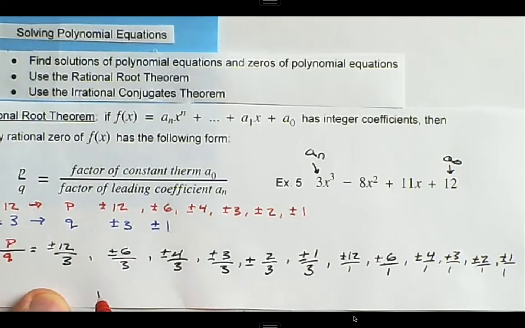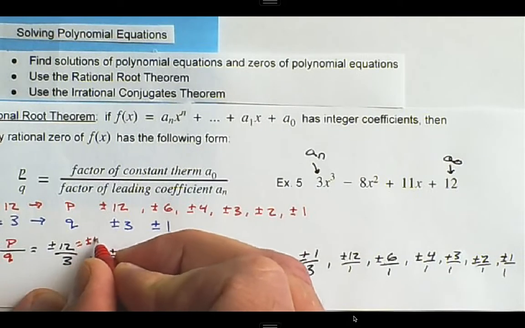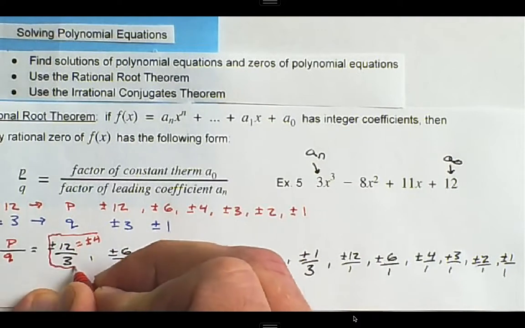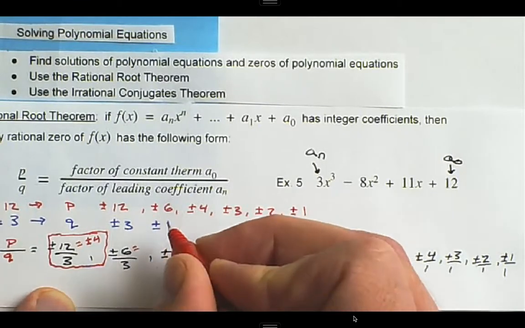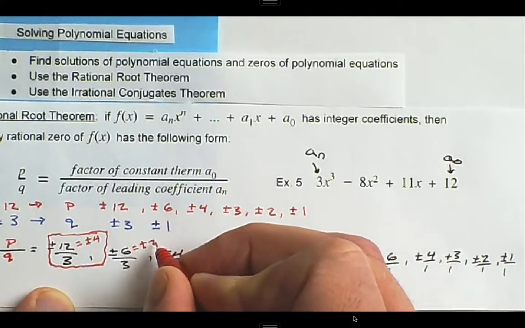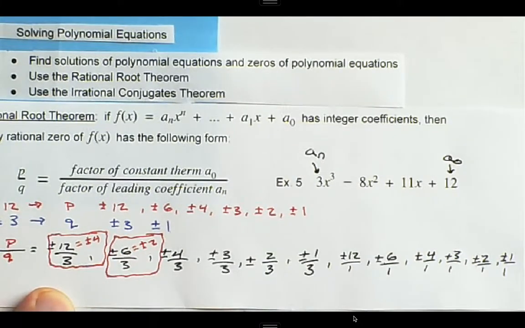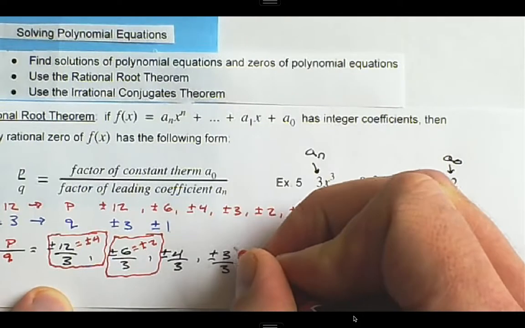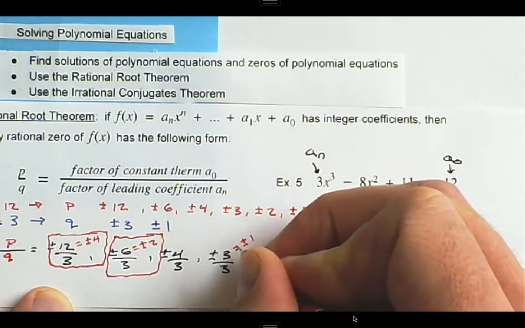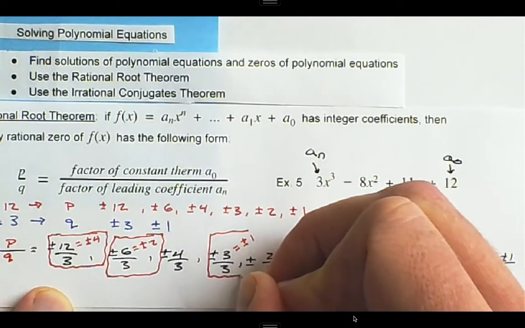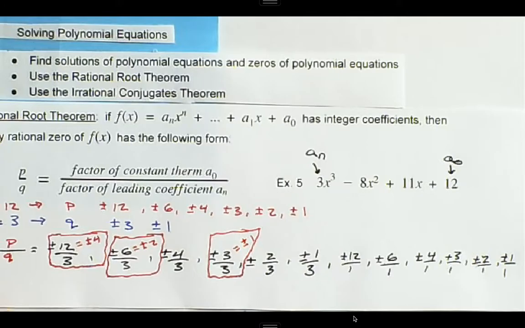Plus or minus 12 divided by 3 is actually equal to plus or minus 4 when we do that math. Plus or minus 6 divided by 3 is actually equal to plus or minus 2. Then we have plus or minus 3 divided by 3, that is equal to plus or minus 1. So we don't want to write down duplicate numbers.